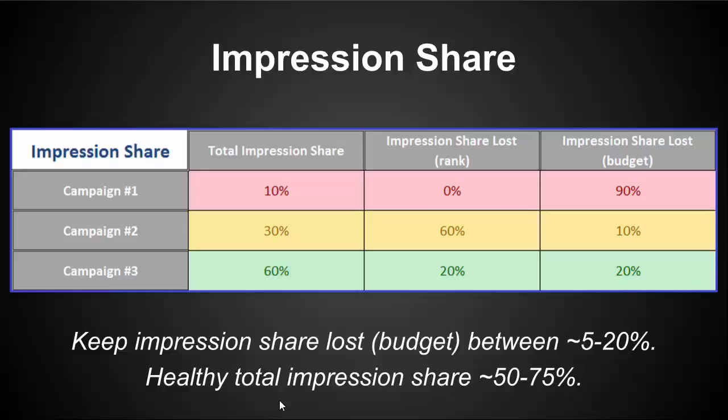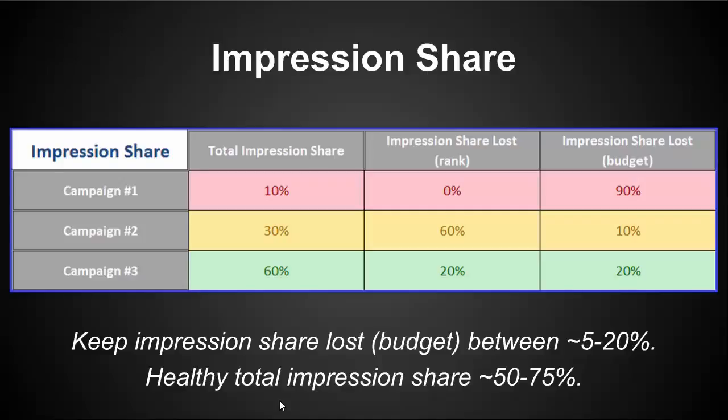So if you have a budget for that campaign of $100 a day, and by the time noon rolls around, you spent that $100, AdWords is going to shut your campaigns off because you told it not to spend anymore. So any impressions that happen after that point, where your campaign shut off, is considered impression share that you lost due to your budget capping out.